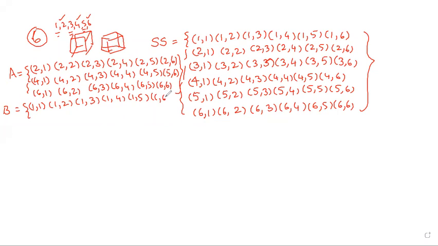Next odd number is 3: 3 comma 1, 3 comma 2, 3 comma 3, 3 comma 4, 3 comma 5 and 3 comma 6.